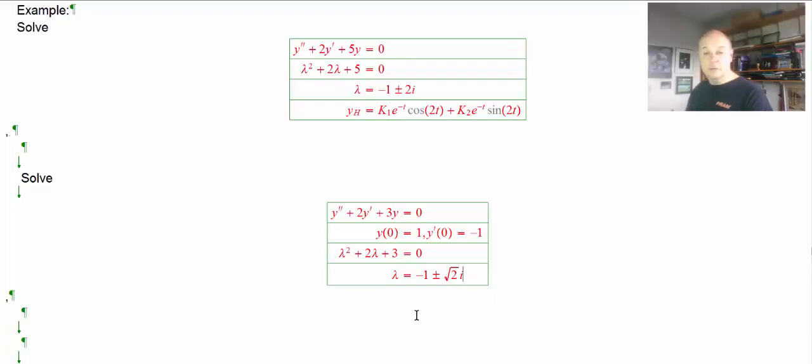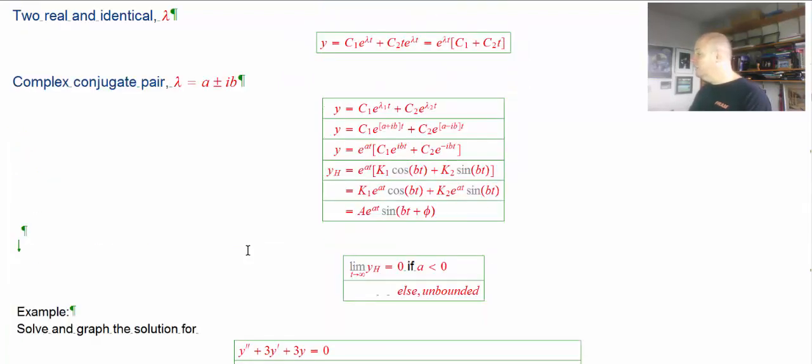Now I've got the eigenvalues. So what do I know? The eigenvalues have a negative real part, so the solution eventually approaches 0. It oscillates with a period of 2 pi divided by root 2. We have initial conditions, so we can figure out the constants. Let's choose this form.